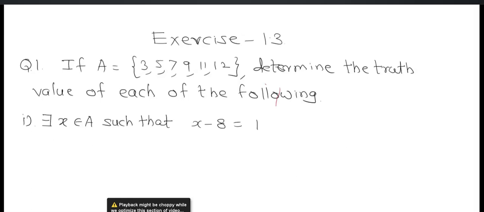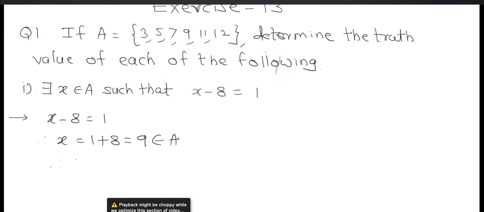If we solve this, x minus 8 equals 1 means x is equal to 1 plus 8, which is 9. Yes, 9 exists in the given set. Therefore the truth value is T.